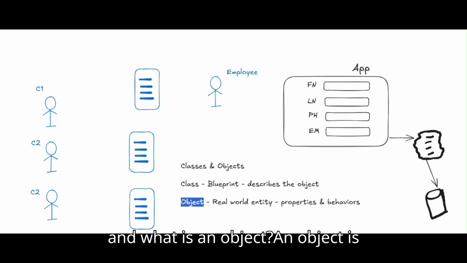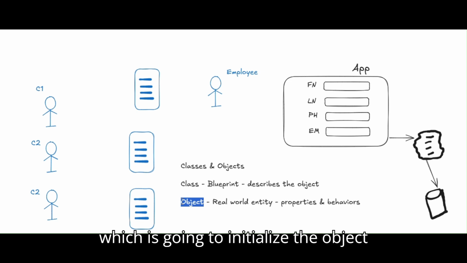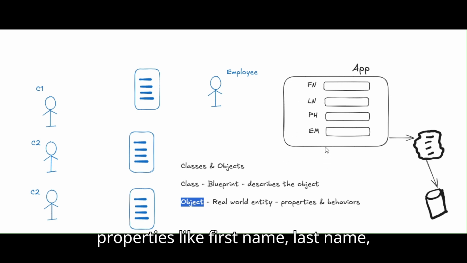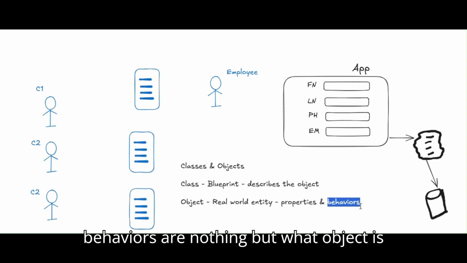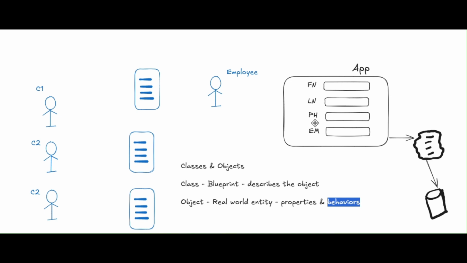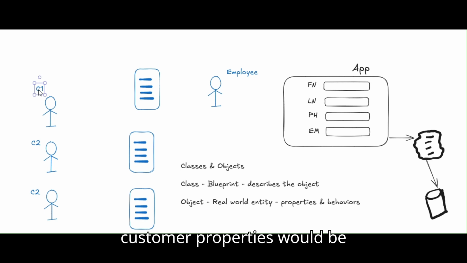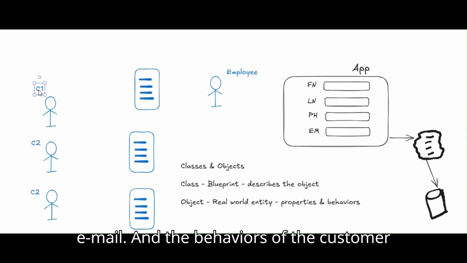And what is an object? An object is something which you create from a class, which is going to initialize the object properties like first name, last name, phone number, email. And behaviors are nothing but what the object is going to do with those properties. Like if it is a customer object, customer properties would be first name, last name, phone number, email.